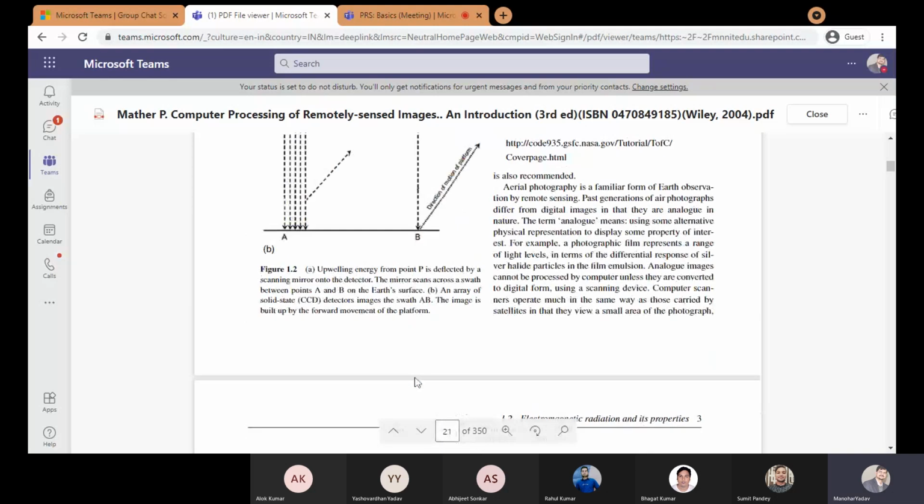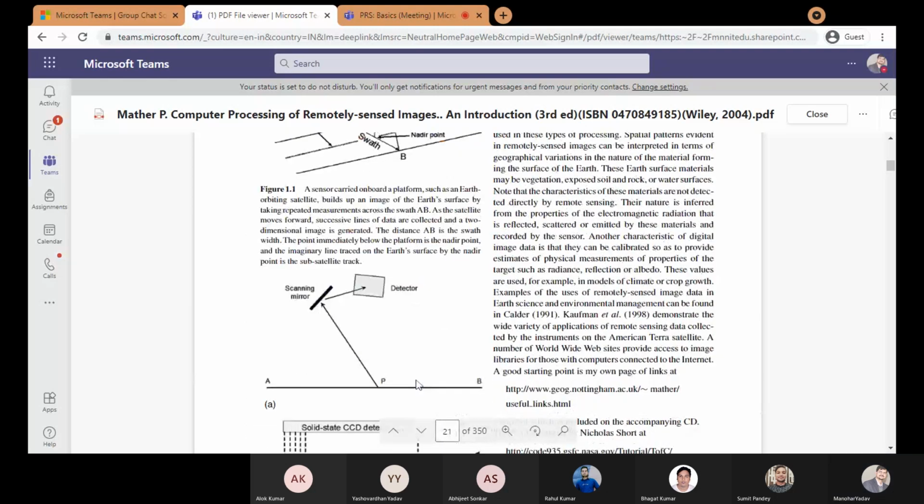So what is the role of it over here? When we are going to assign a digital number to the energy content at point P, that digital number is assigned on the basis of energy content.